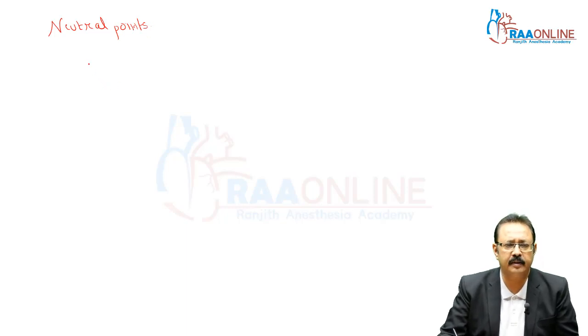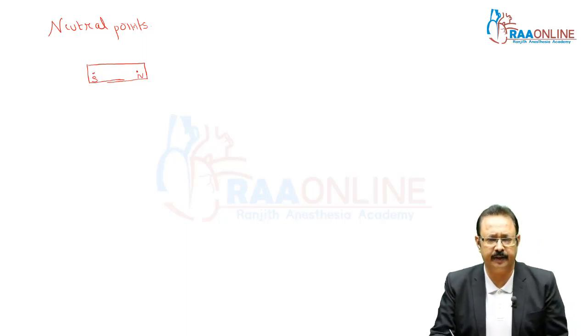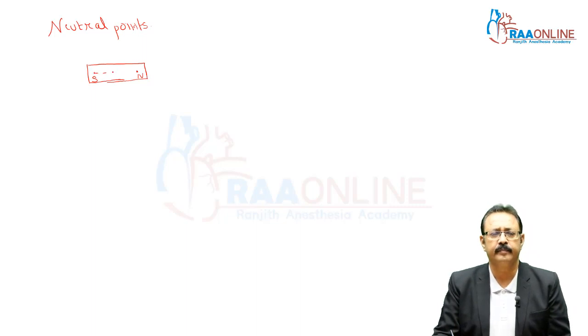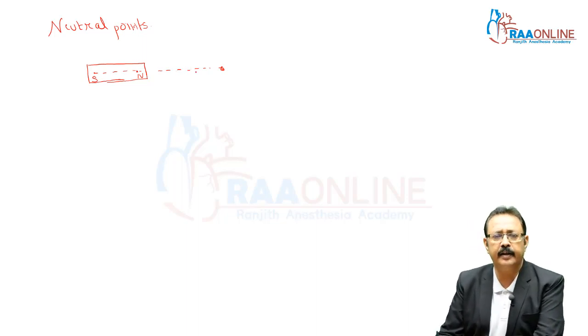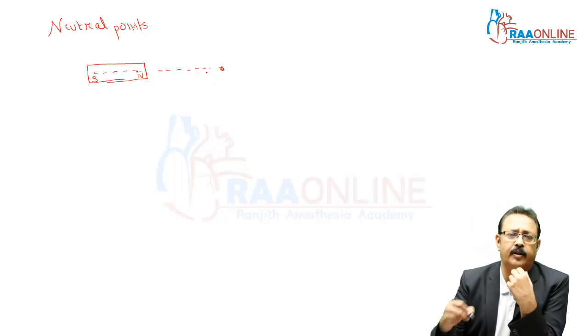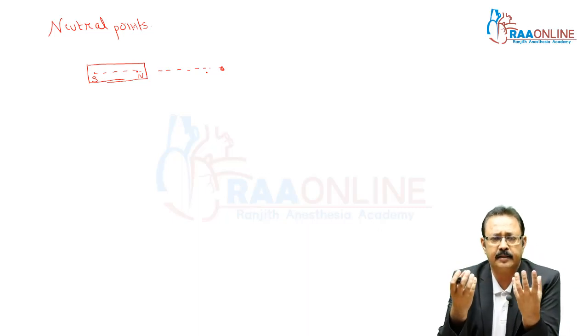First we will discuss the Tan A, Gauss A, axial or end-on position. Suppose it is the north pole of my bar magnet and it is the south pole of my bar magnet. First I am discussing at this point. What is the definition of intensity of magnetic field? Like electricity, like gravity, the definition is the same.